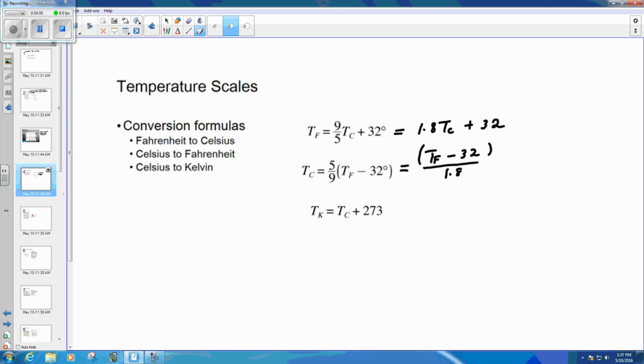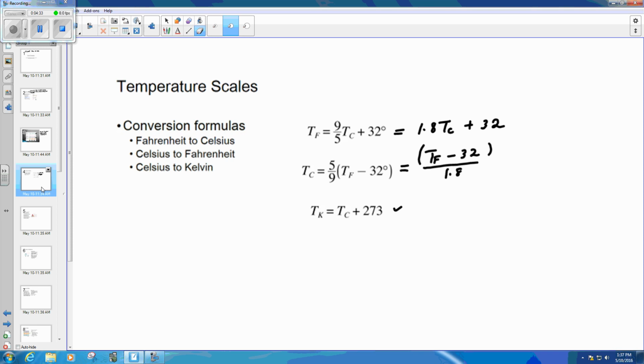And the temperature in Kelvin has the same division as the temperature in Celsius, but it goes from 273 to 373. So the conversion again is very simple. You simply take the temperature in Celsius plus 273 to convert to Kelvin, or take the temperature in Kelvin, subtract 273, and you have a temperature in Celsius.